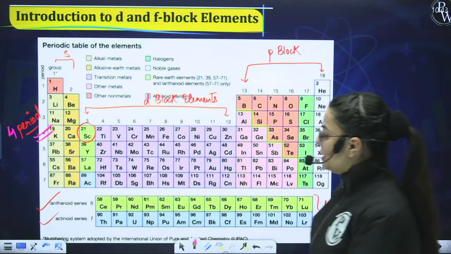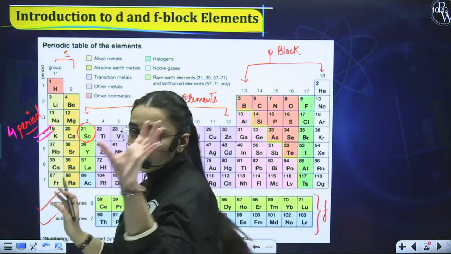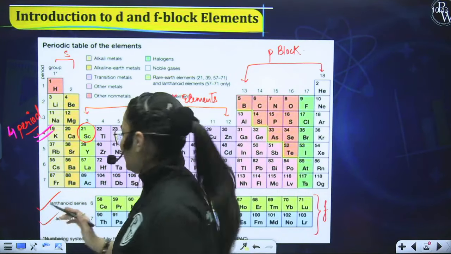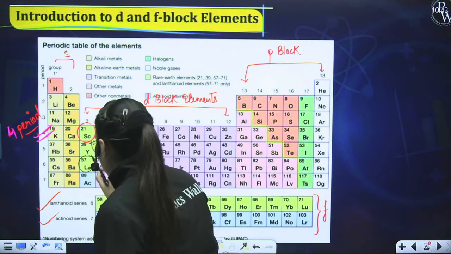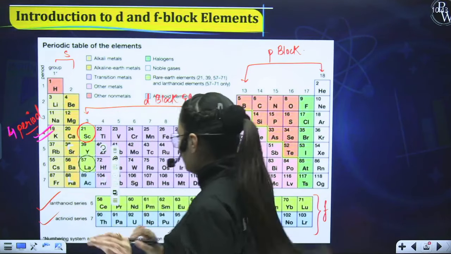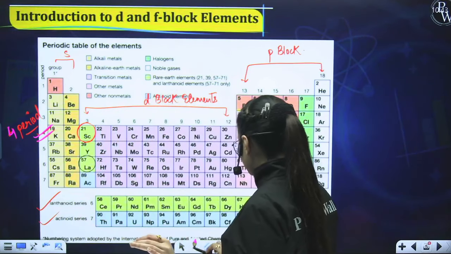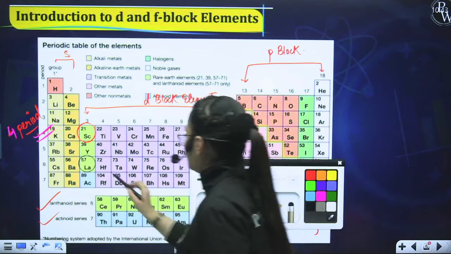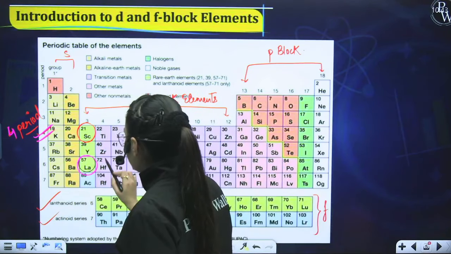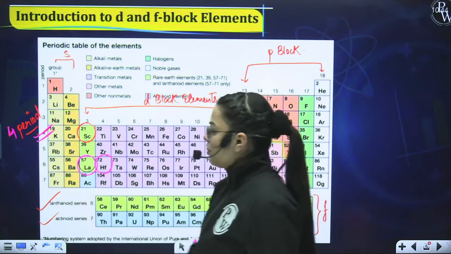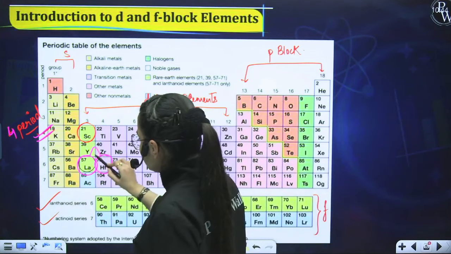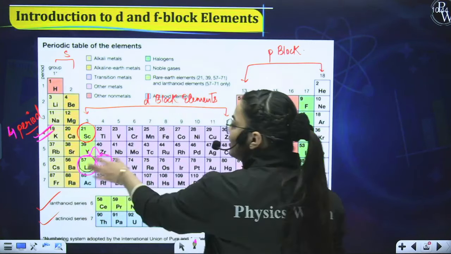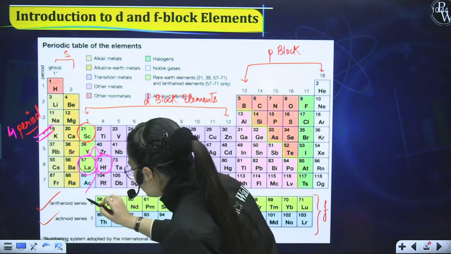Now just observe the periodic table. You can see lanthanum at atomic number 57, and then you can see atomic number 72. You can see the difference from 57 to 72. Where are the other elements? The other elements are here.